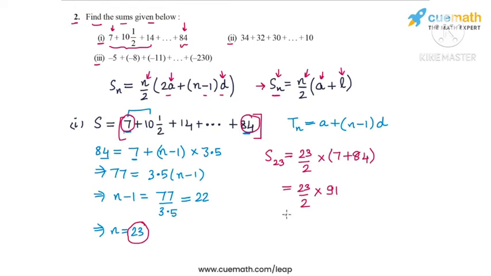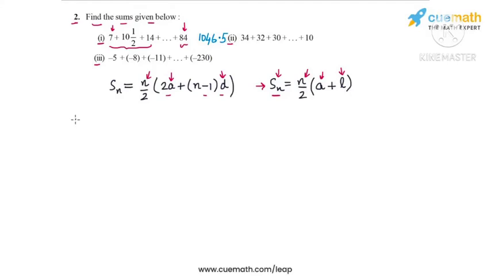Now 23 times 91 is 2093. So 2093 by 2 is equal to 1046.5. So this is our answer for the first part. The first sum is 1046.5.